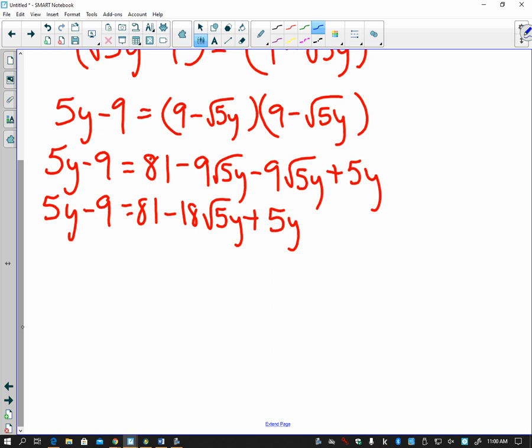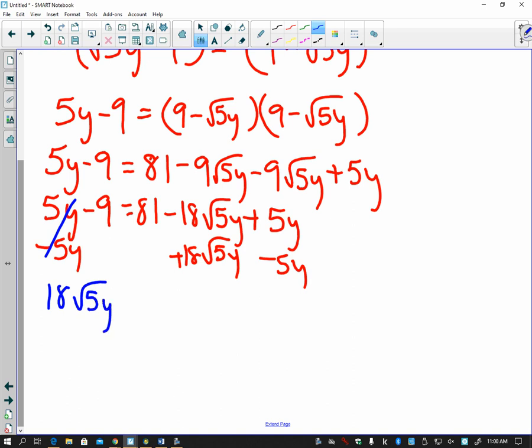All right, so now looking to move things across to get my y's together. So we would subtract 5y from both sides. Our 5y's are going to cancel, but we're also going to add 18 radical 5y to this side. Although these cancel, we have positive 18 radical 5y.